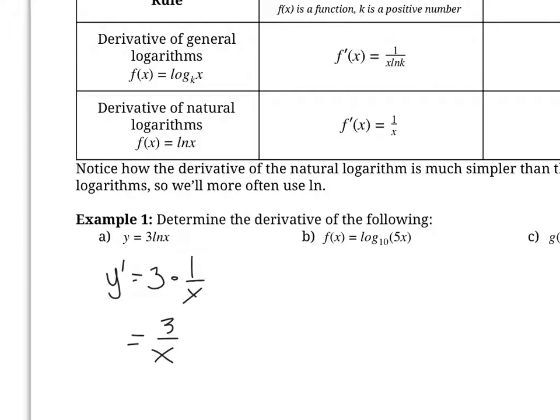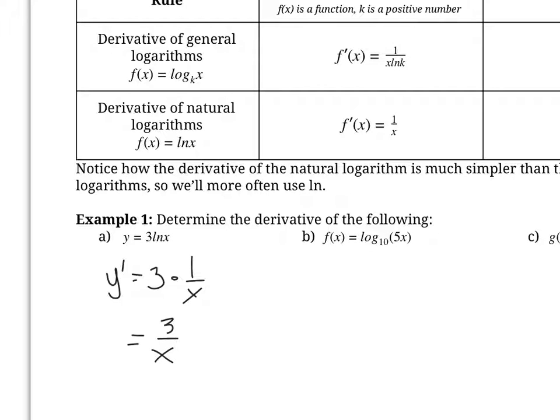Okay, b. This one, we have the derivative of log base 10 of 5x. The thing is, we have a function inside another function. The 5x is inside that whole thing. So we are going to have to use the chain rule here, whenever we have a function inside a function.